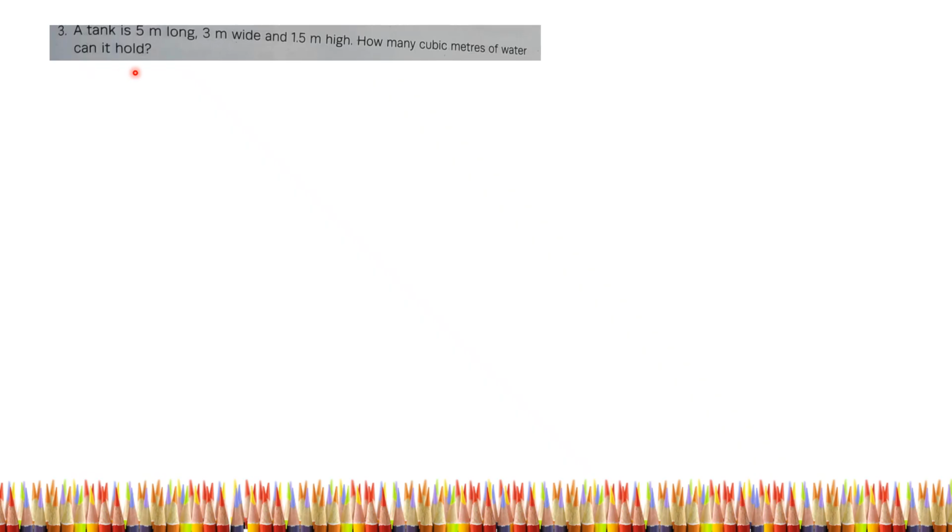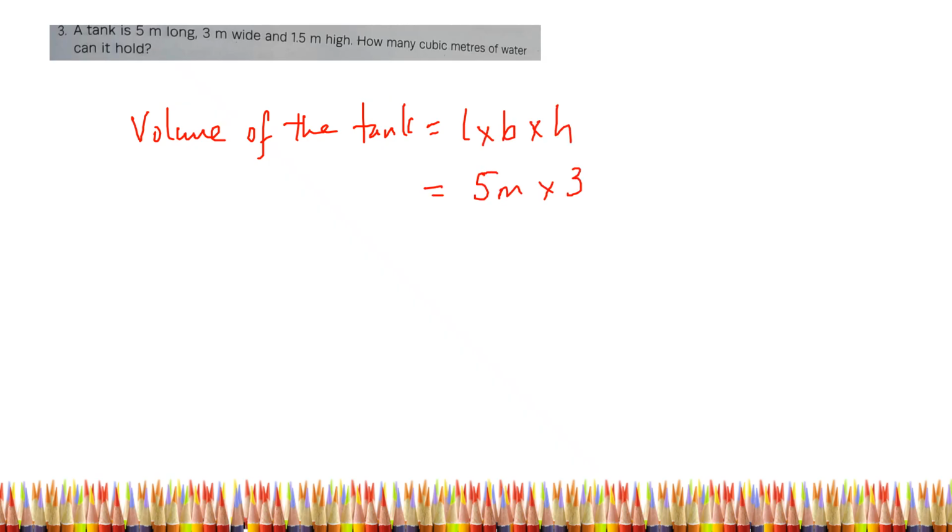Now in this question, a tank is 5 meters long, 3 meters wide and 1.5 meter high. How many cubic meter of water can it hold? Again, we need to find the volume of the tank, that is L multiplied by B multiplied by H, which is 5 meter multiplied by 3 meter multiplied by 1.5 meter.